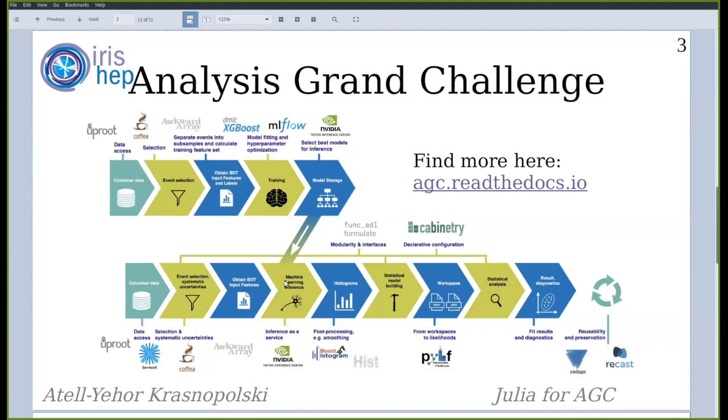When it comes to actual tests and comparing the results with something, we are mostly taking the CoffeaCoffea implementation as a reference. I need to mention that we're also focusing primarily on the ttbar analysis, and we expect that to be implemented in Julia entirely by the end of the project.